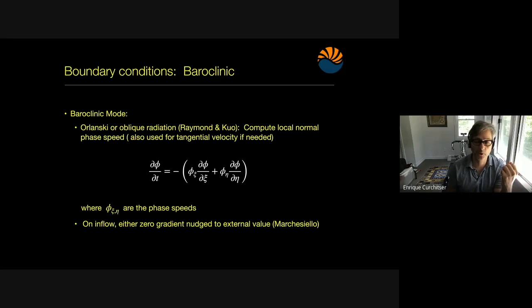This is for the outgoing, and on the inflow, you can set it to either zero gradient, or you can nudge these things, as has been done in ROMS, to some external value, and then you can set what these nudging coefficients are. So if you have information that you really trust and you want the interior of your model to move towards that particular value quickly, you can set a very short time scale.